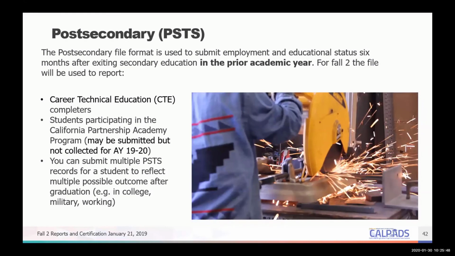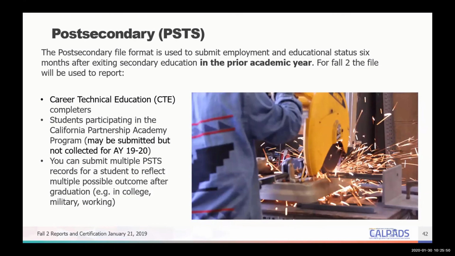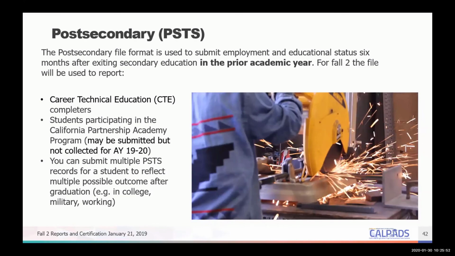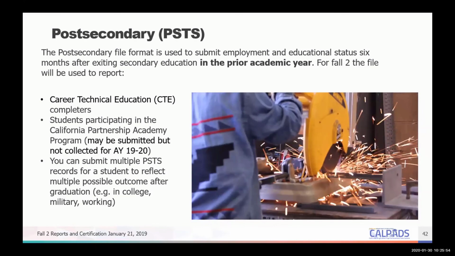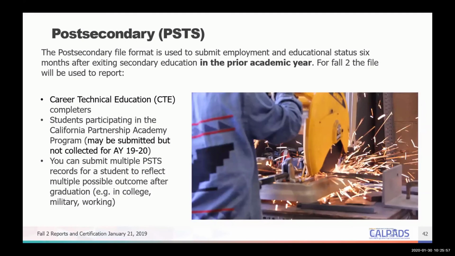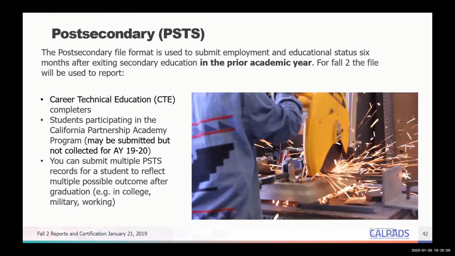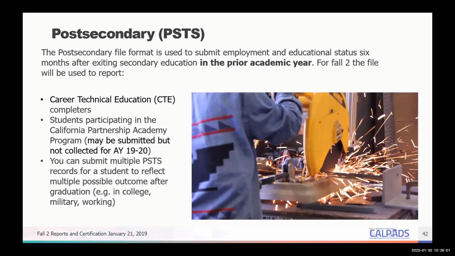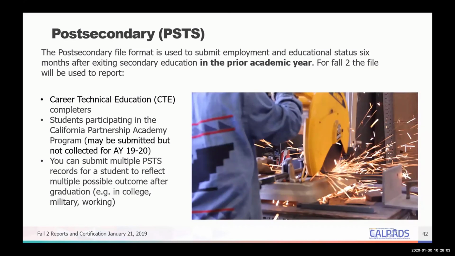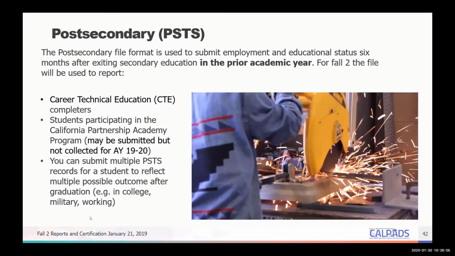So if a student completed their pathway in their sophomore year, their junior year, or of course the senior year, you can include them in that list to survey with regards to post-secondary status information.